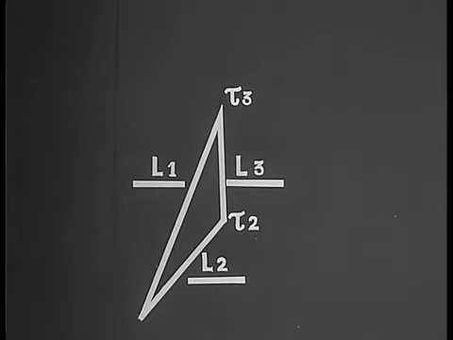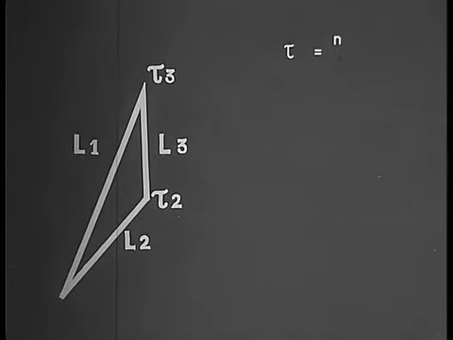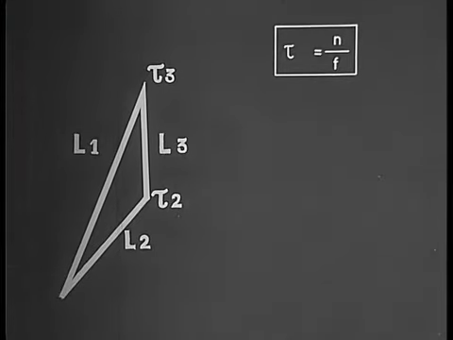If a sound pulse of discrete frequency f is generated in this way, a relation must exist between the feedback time tau and that frequency. Since the feedback loop must contain a whole number of wavelengths, we may write tau is n over f, where tau is the time necessary to pass once through the feedback loop, and n is any integer larger than or equal to 1.